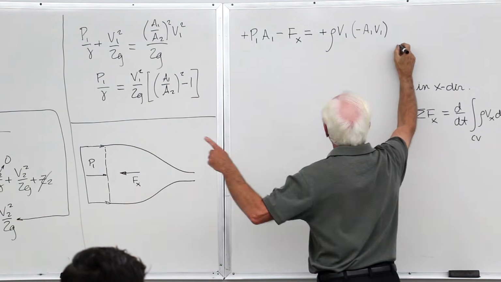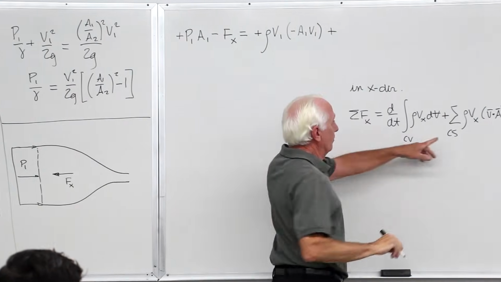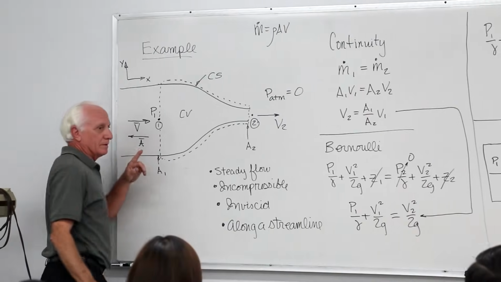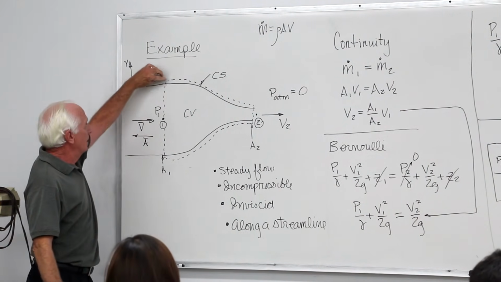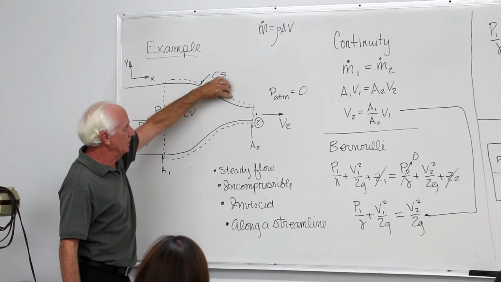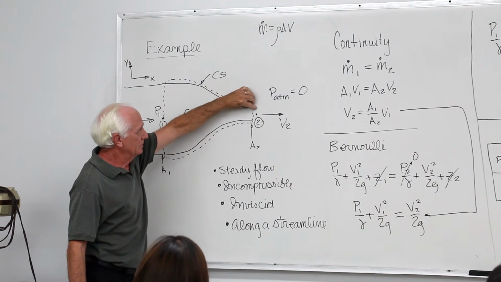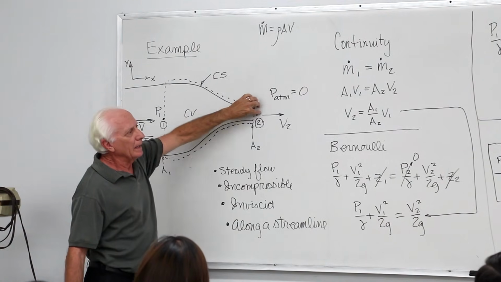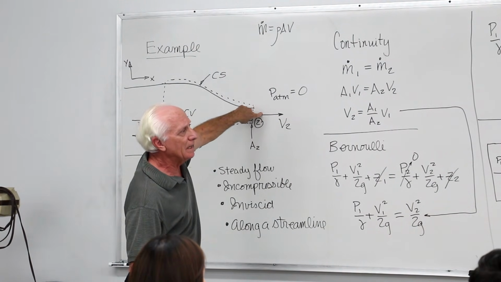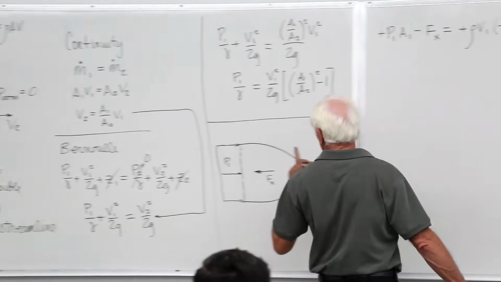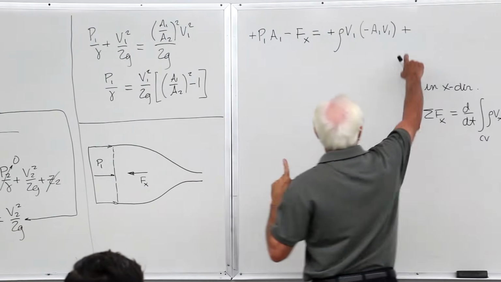All right, keep going around the control surface until you find a place where fluid enters or leaves. No fluid entering, no fluid leaving, no. Stop. Yep, leaving. Okay, rho times the velocity in the x direction there. Which way is the velocity going? Positive.